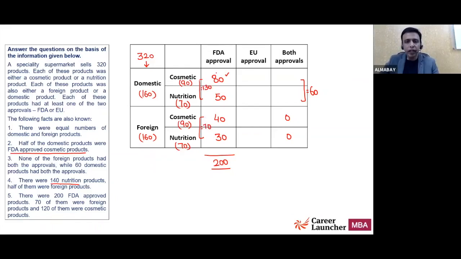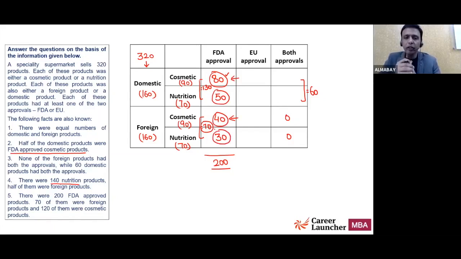So this had already 80, that means this had to have 50. Here it was total of 70. इसमें से 120 of the FDA approved products was cosmetic, 80 were already domestic cosmetic. That means rest 40 has to be foreign cosmetic. So if this 40 is there, this has to be 30.